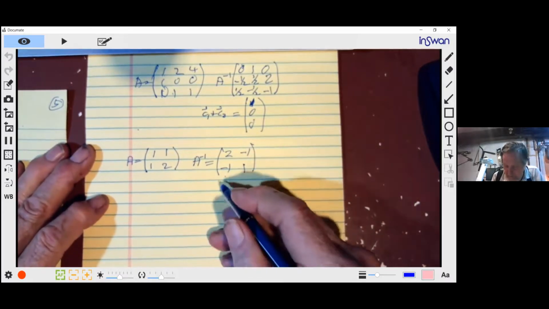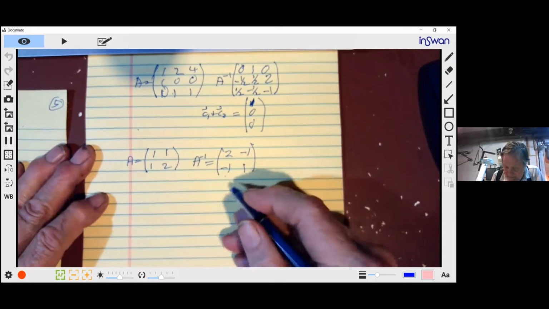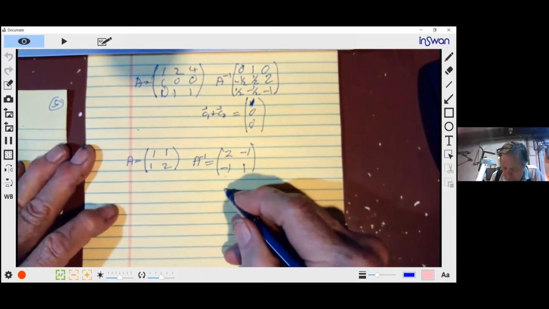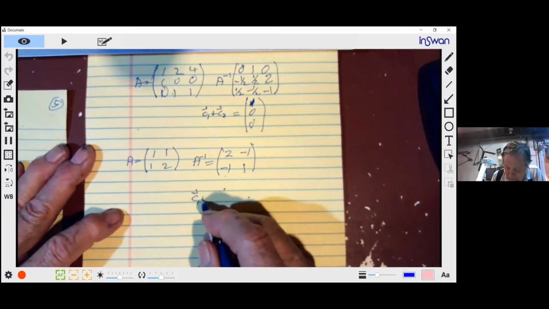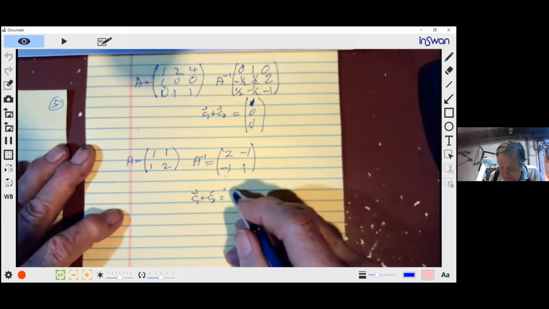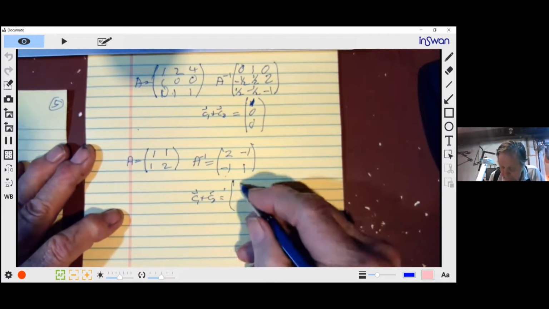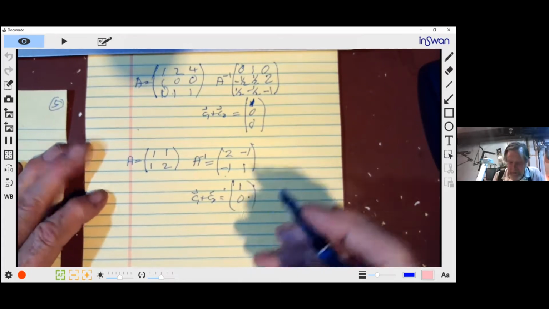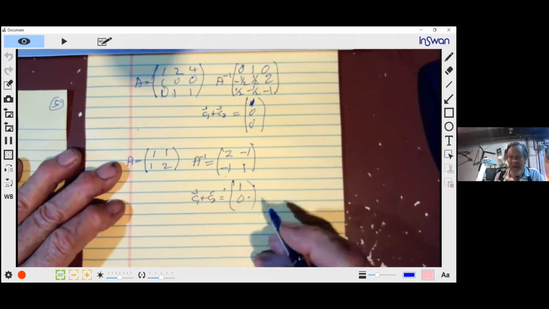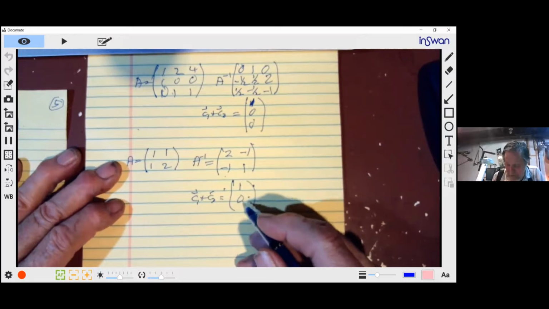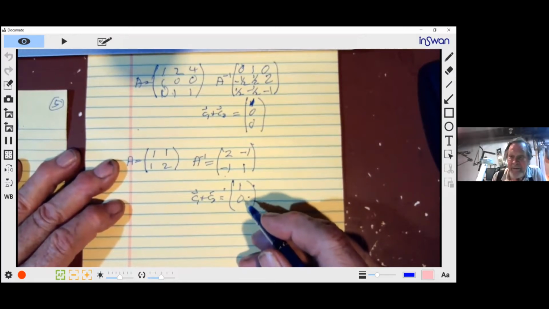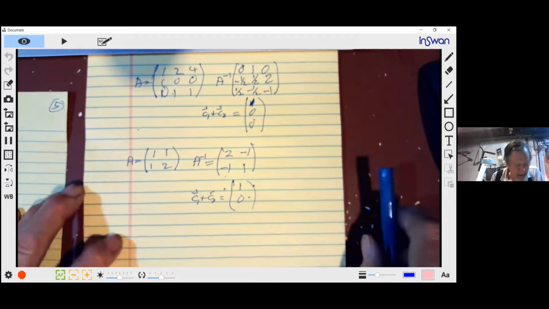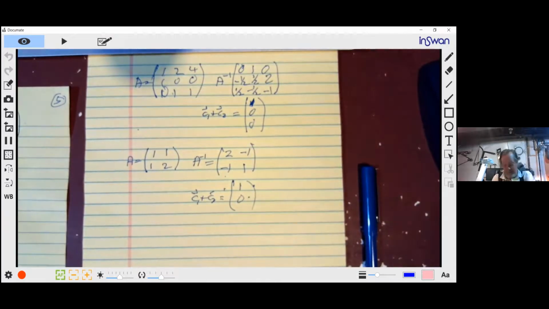And you will see that the sum of both of those columns, column 1 plus column 2, is equal to 1, 0. So the sufficient condition is not necessary. In other words, you didn't get all of the entries positive there.